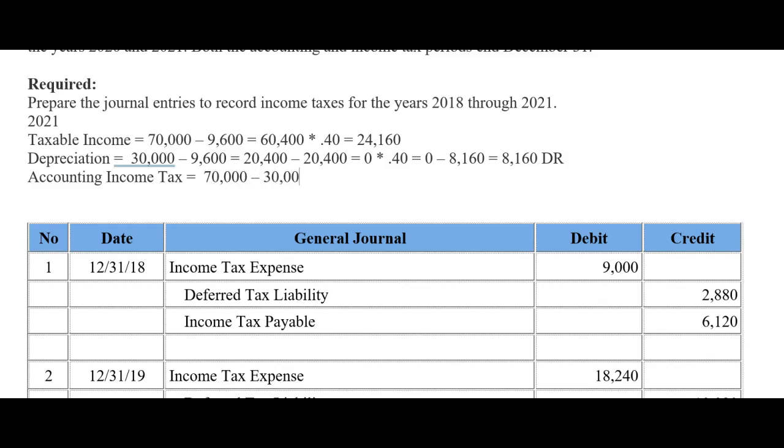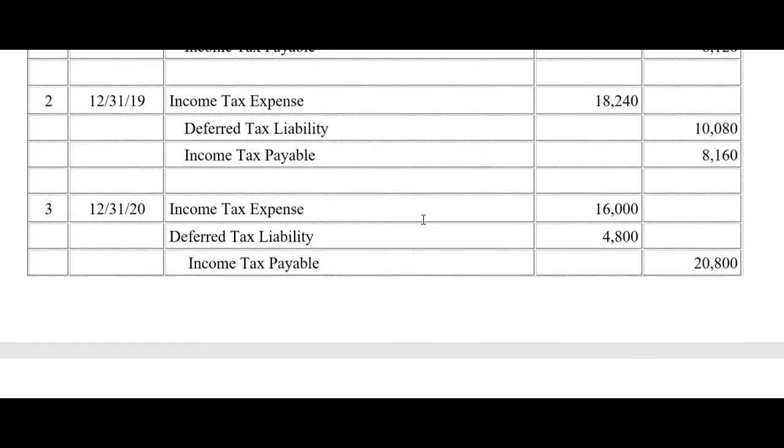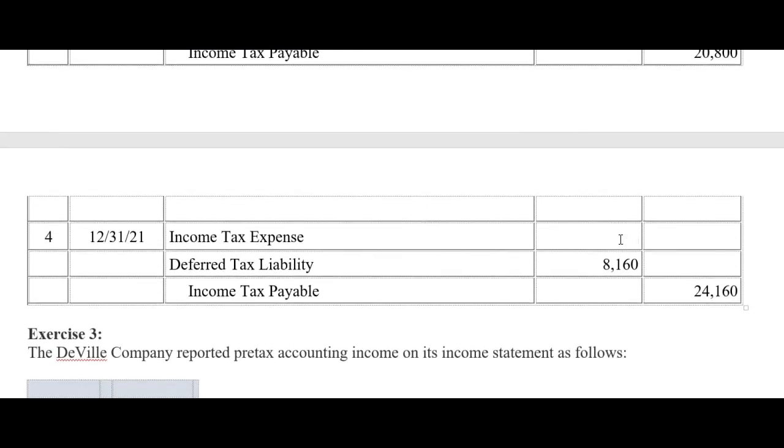This year, our accounting income happens to be $40,000 before tax. Multiply that by the 0.4, and again, you get $16,000. Well, is that the amount we need to balance this account out? Well, let's hope. So if we go in and put 16,000 plus 8,160 does give us 24,160. So we balanced out.